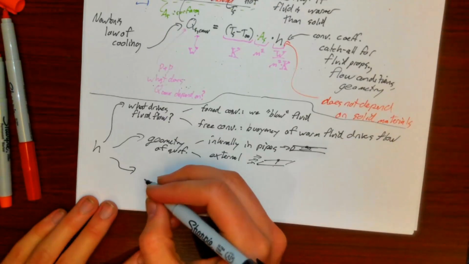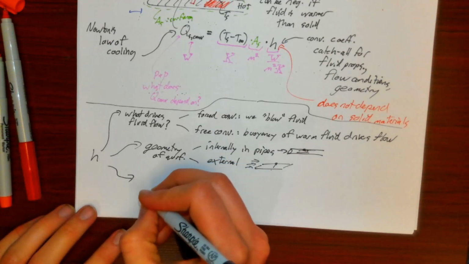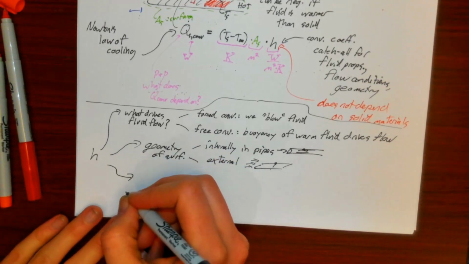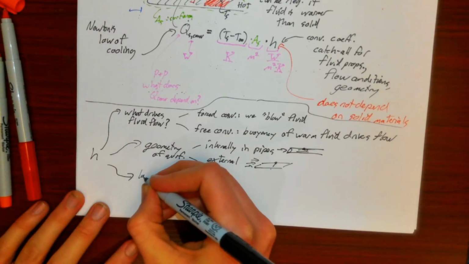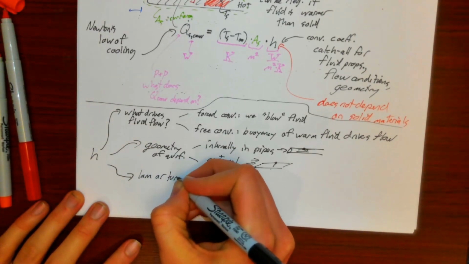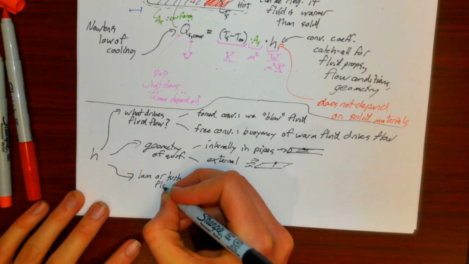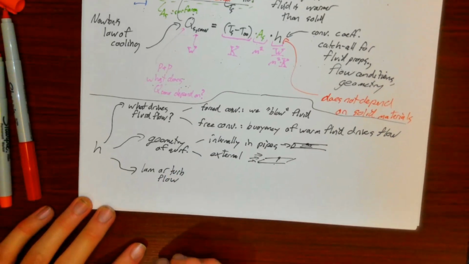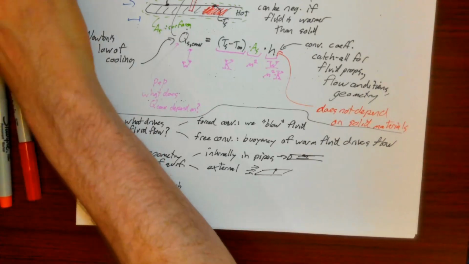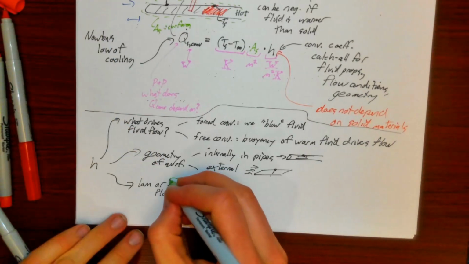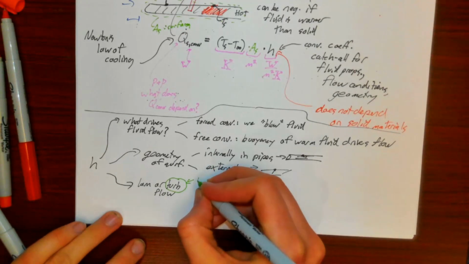It turns out that we get very different H's depending on whether your boundary layer is laminar or turbulent. You can imagine turbulent flows usually result in higher H.